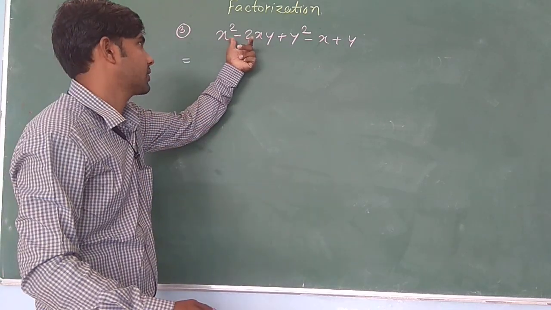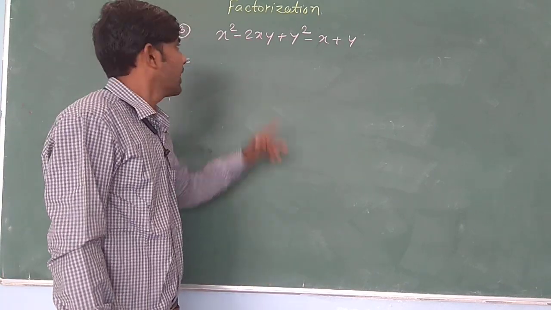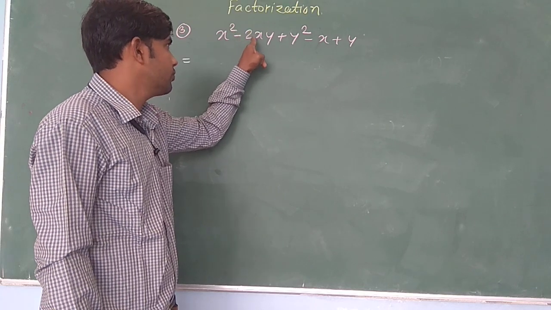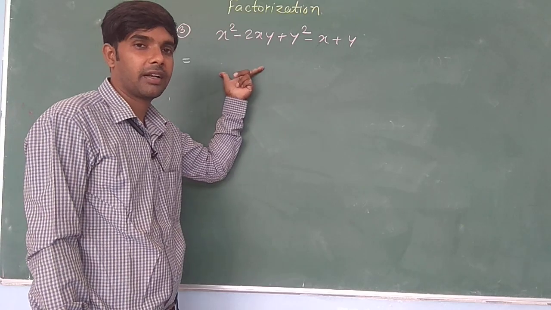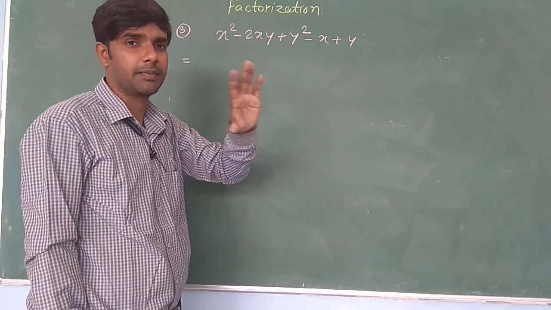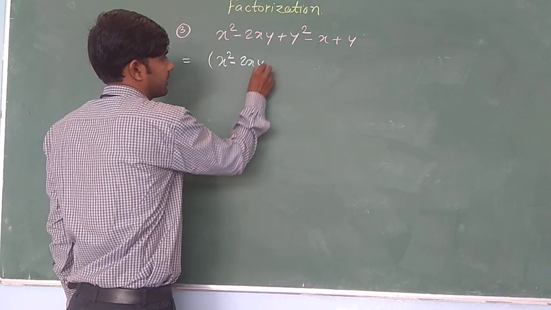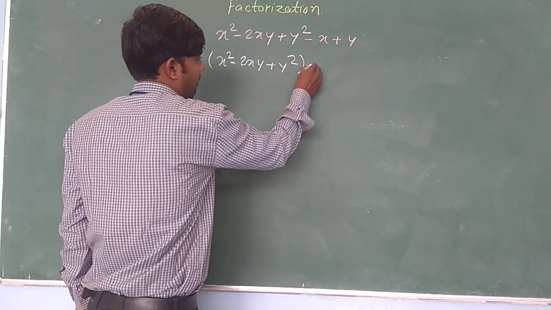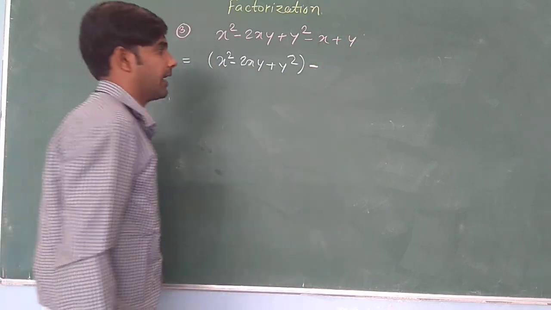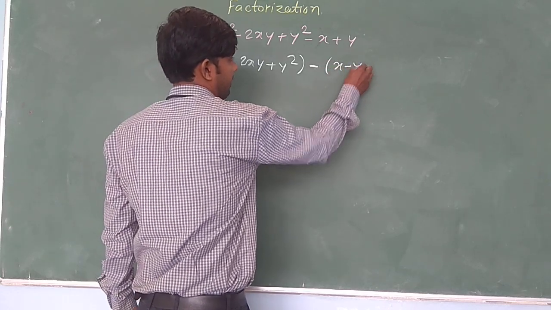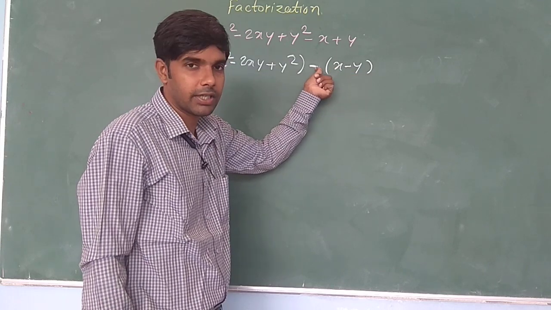When you observe the given algebraic expression, it's straightforward. x square minus 2xy plus y square. So which identity? a square minus 2ab plus b square. This is based on the first three terms, a minus b bracket square. So we put x plus y in a bracket for your understanding: minus, we put the x plus y in bracket, so it becomes x minus y, because we put a bracket and there is a minus sign outside the bracket.